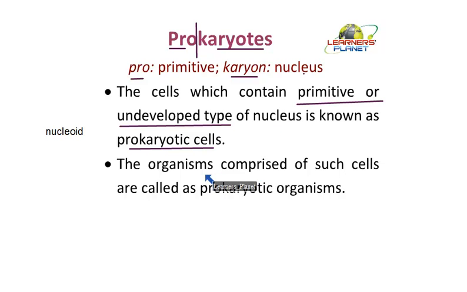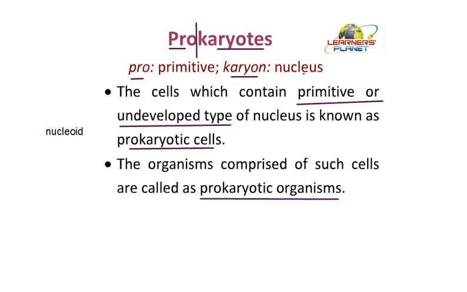Now, the organisms which are comprised of such type of cells, that is prokaryotic cells, are known as prokaryotic organisms. So, always remember, when you have to define the prokaryotic organism, the words have to be shifted in a different way.